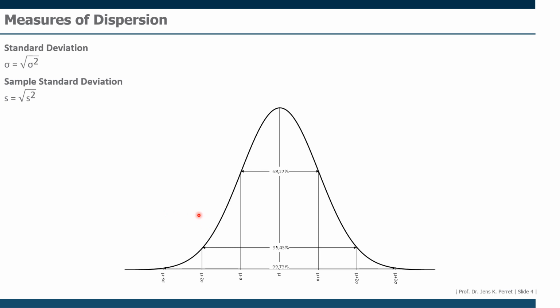Well, the standard deviation certainly has its benefits, but there's also still one significant problem. As I said, it's still in the unit of our data points. That might not be a problem if I want to compare the height of, well, group of people 1, group of people 2.